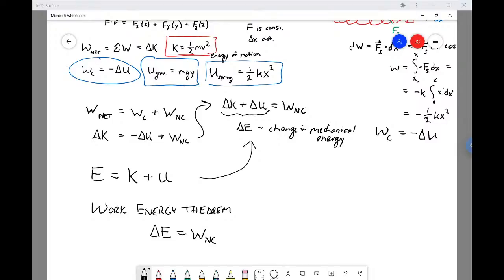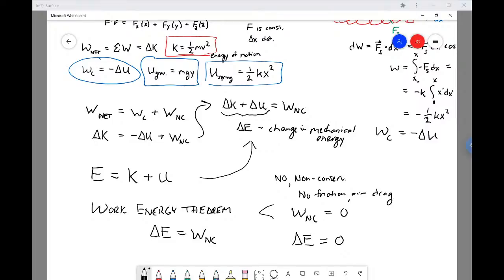Now we're going to see why it's called conservative. Imagine you have a situation where there are no non-conservative forces. What does that mean? It means no friction, air drag, applied forces, people pushing, that sort of thing. If that's true, then the work done by non-conservative forces equals 0, in which case the change in mechanical energy also equals 0.